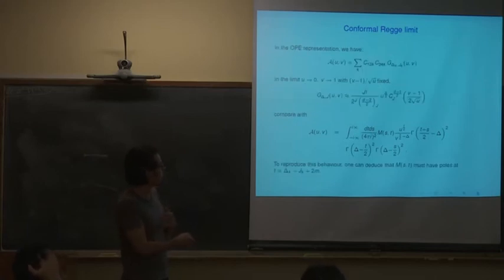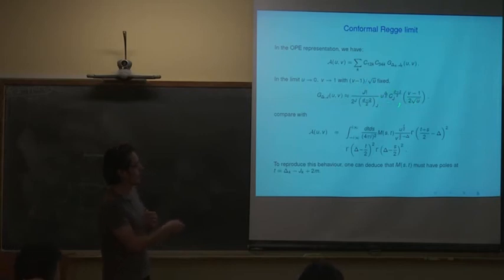Okay. So the 4-point function, you can write it as an OPE representation. And if you take the u equals 0, v equals 1 limit, in a way that this ratio is fixed, then this function simply becomes this, where this is again the Gegenbauer polynomial, with some u to the delta over 2.